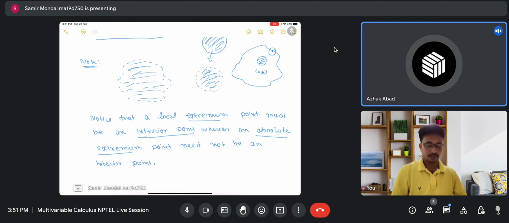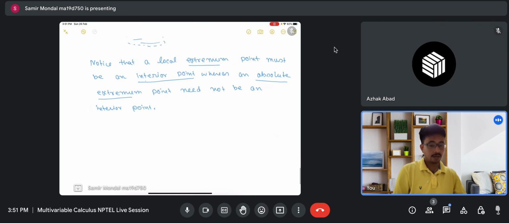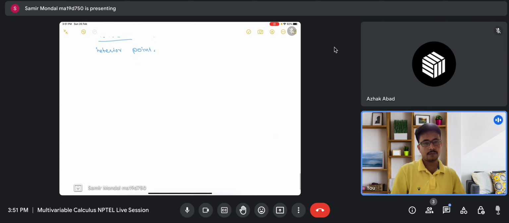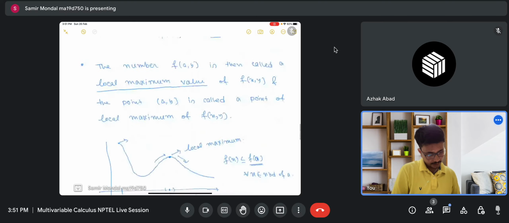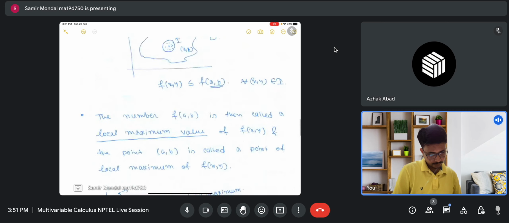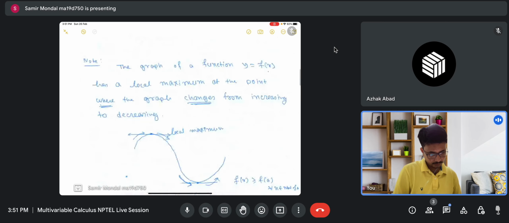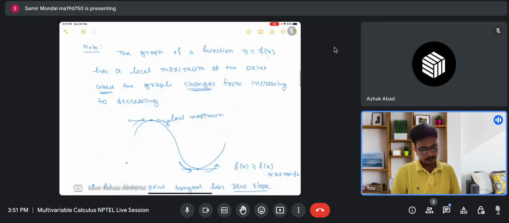Okay, so now we'll go on to how we can find the local maxima and local minima. Before that, here we can observe one thing: for local maxima and local minima, when your functional value changes from increasing to decreasing, at that point your function has a local maximum.